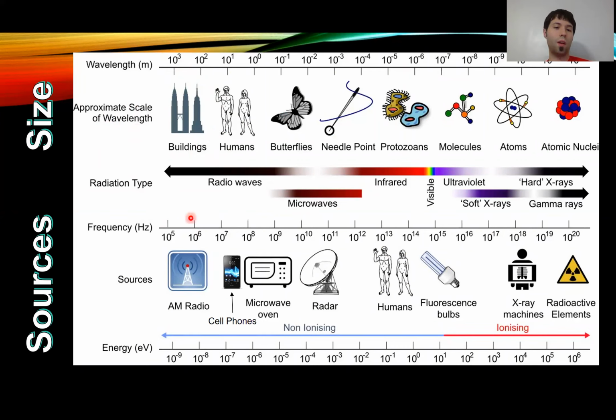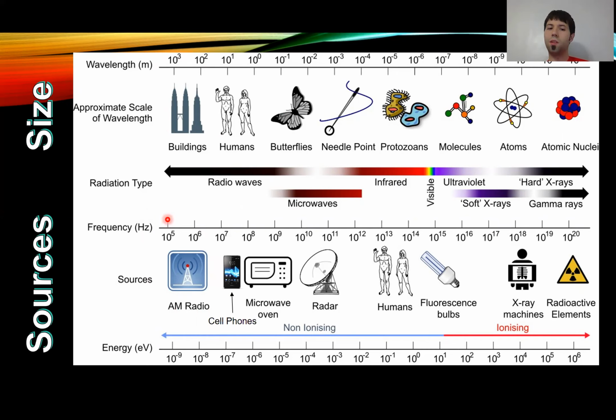We would have an AM radio wave. So when you turn on your radio in your car or home and tune into AM stations, those radio waves have wavelengths that are the approximate sizes of buildings.